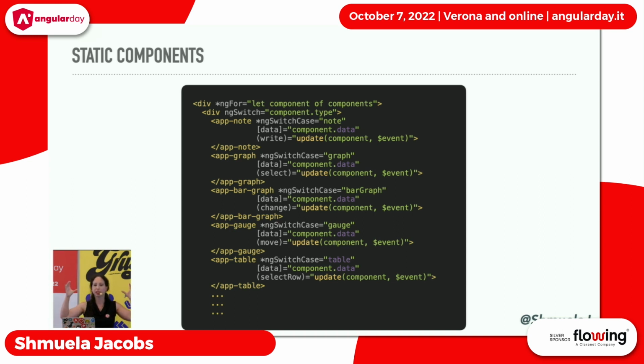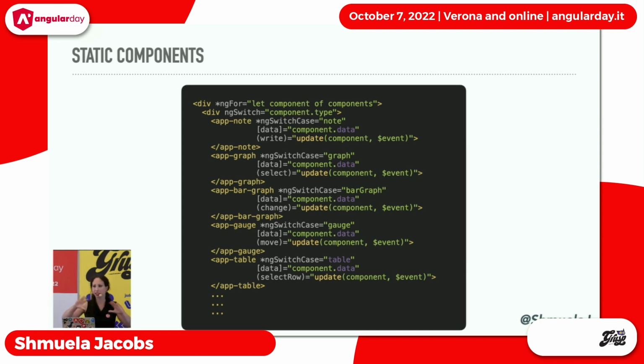So it looks like that if it's static. For every component, you're going to have a template there, and you're maybe going to use a switch case, looking at the type of the component that you need, and then you need to bind to all the data inside, to all the properties, and so it repeats itself. Here I have, I think, 5 components, but it will be like 1,000 if you have 1,000 types of components, and you don't want code like that.